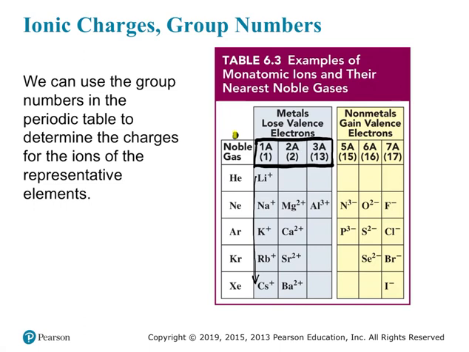So group 1A metals will all lose one electron to have a 1+ charge. And then as we go down group 2A, you'll notice they all have a 2+ charge. So all of those atoms have 2 valence electrons that they can lose to become like a noble gas. So they're all going to have a 2+ charge, which matches the group number.